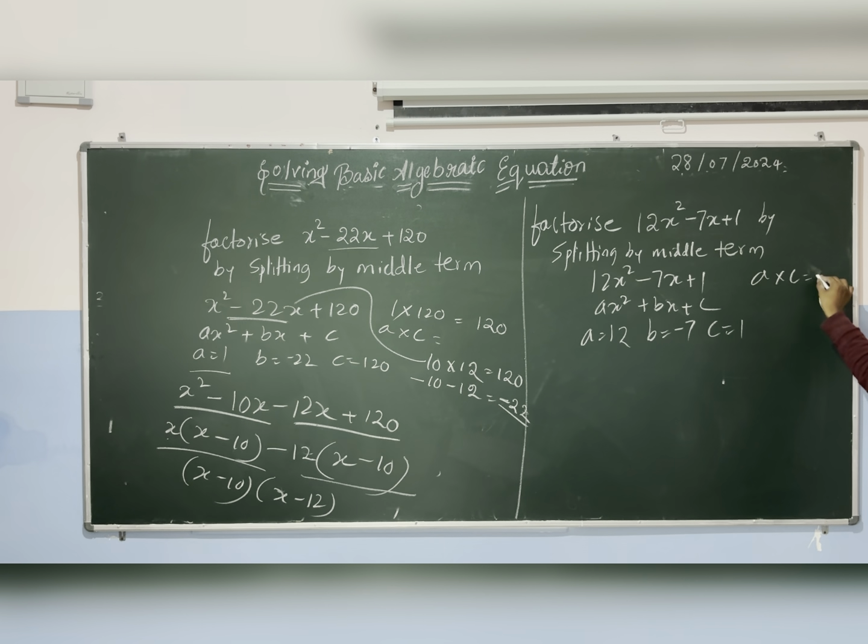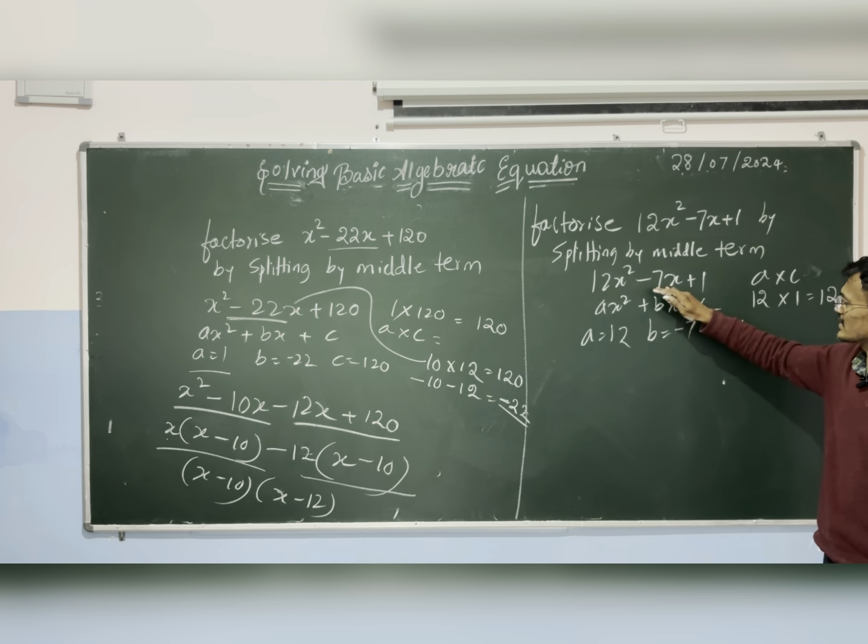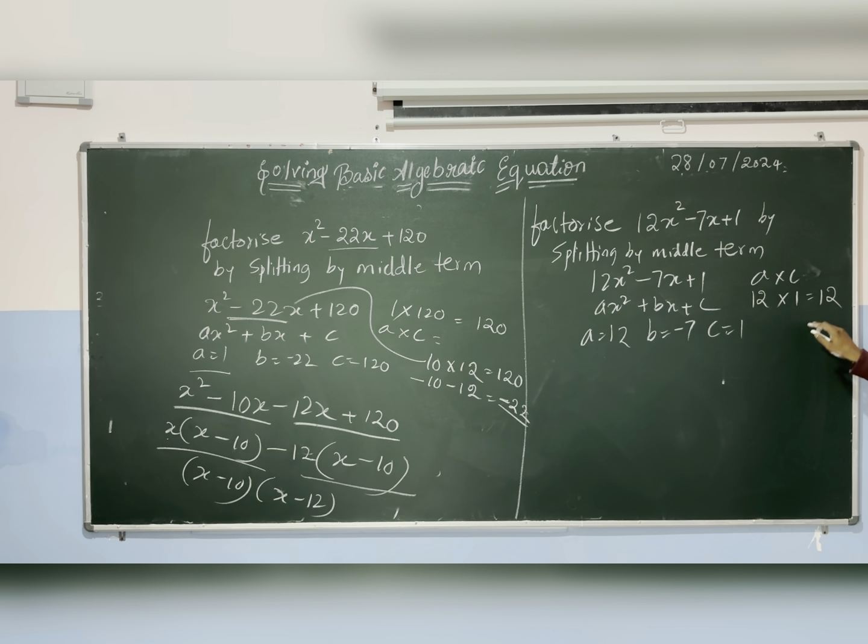So a into c is 12 into 1. How do we get 12 when multiplying two terms that add to minus 7? Minus 4 into minus 3 is 12, and minus 4 minus 3 is minus 7.